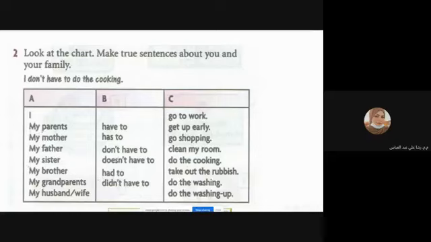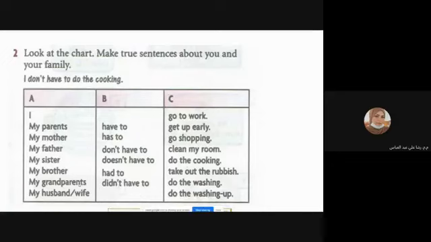We can say my parents had to go to work, or my mother had to go shopping. In negative we use didn't, which is also used with all types of subjects.